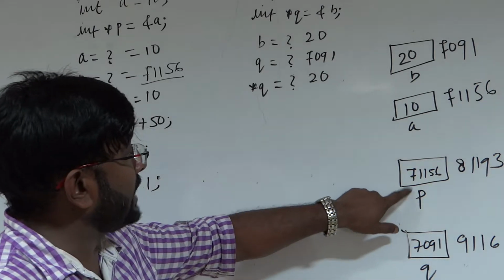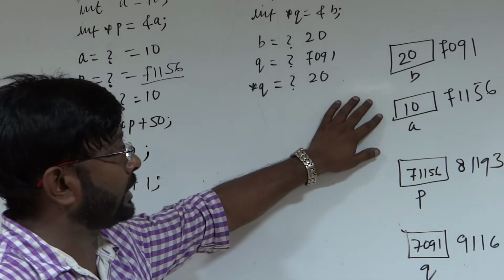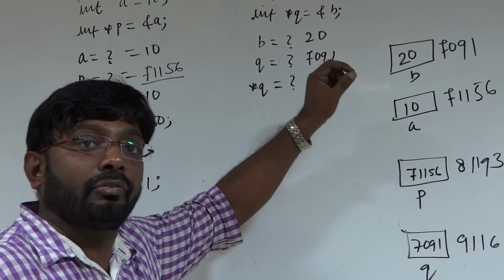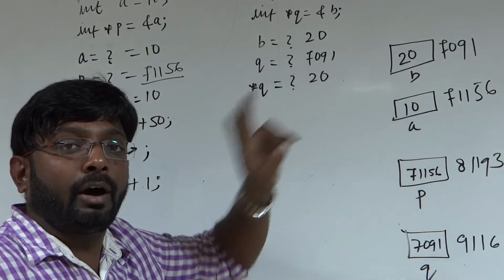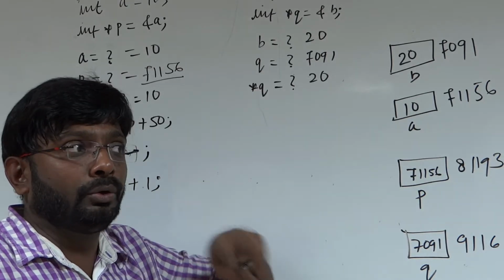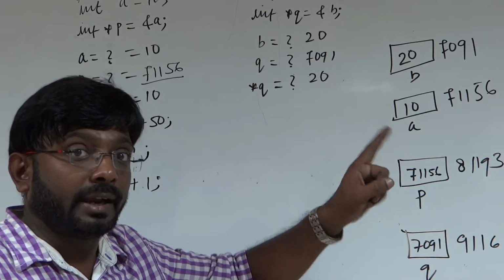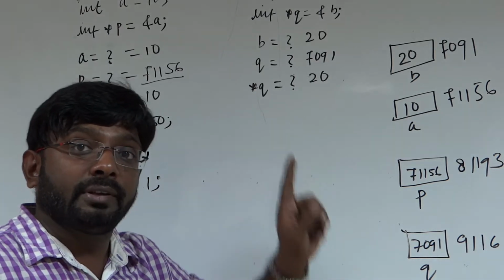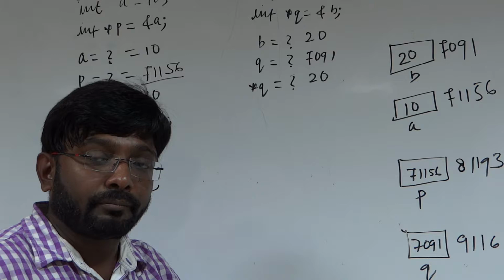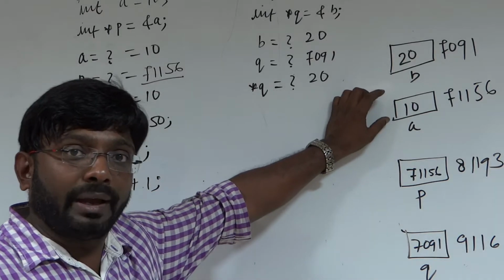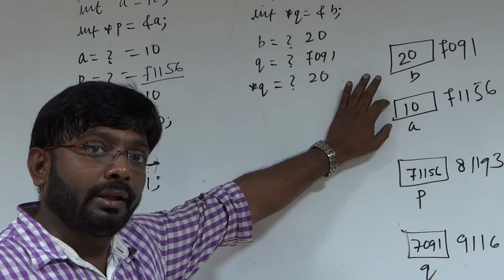Because if p is having 71156, and 71156 is the starting address of a, and how much space has a occupied? 2 bytes, means 71156 is the first byte and 71157 is the second byte. So these 2 bytes are reserved for a.